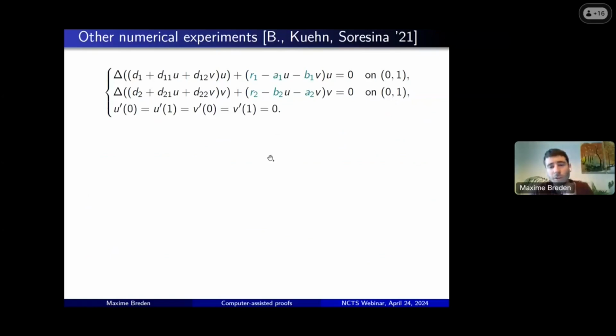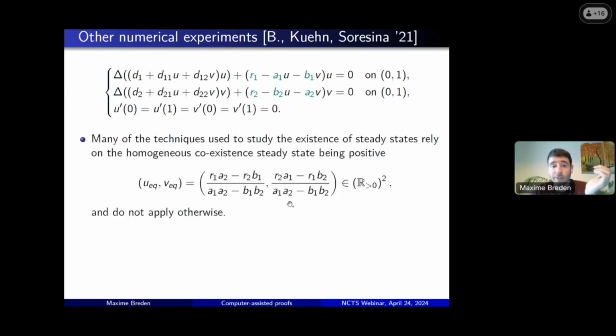Another reason is that those results were obtained a few years ago in collaboration with Christian Kuehn from Munich and Cinzia Soresina, who is now back in Trento in Italy. Our starting point was that, depending on the reaction coefficient, as I said, this homogeneous equilibrium might or might not be admissible.